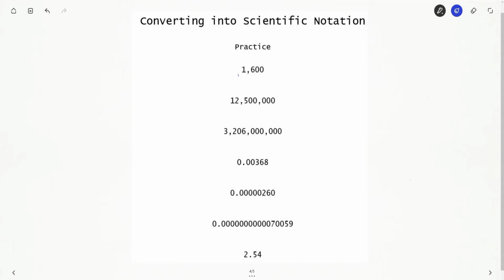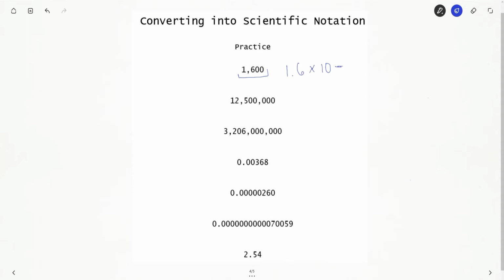Okay, so let's take this 1,600 right here. Now, if we want to convert into scientific notation, we first have to figure out where we want to put the decimal. And again, if you remember your scientific notation format, you know that we're going to have a 1.6 times 10 to something.